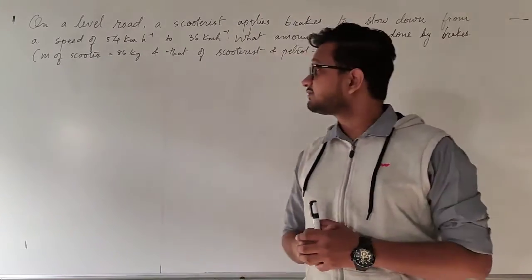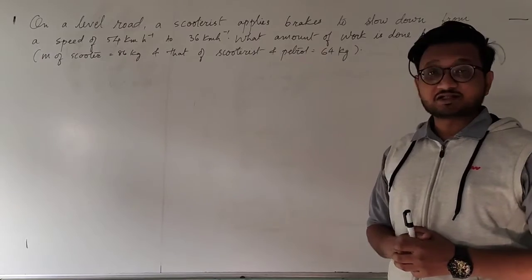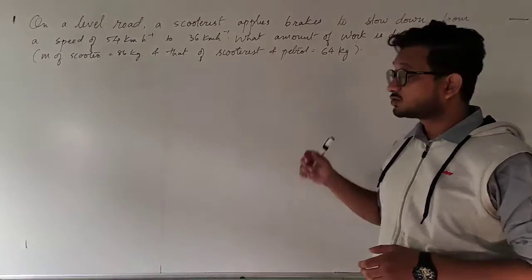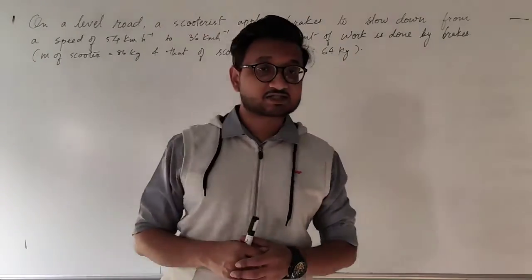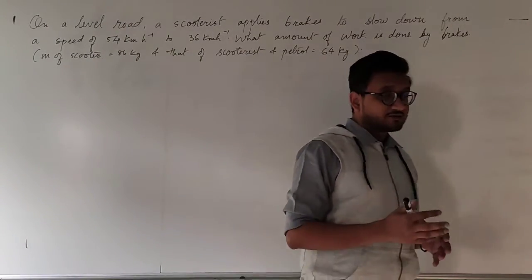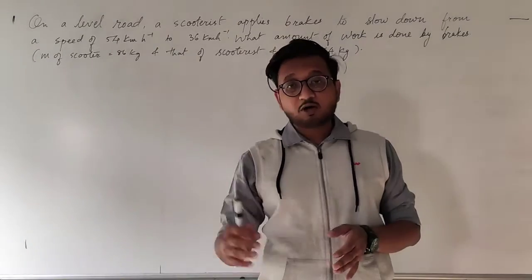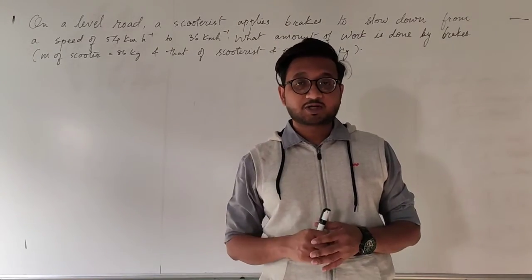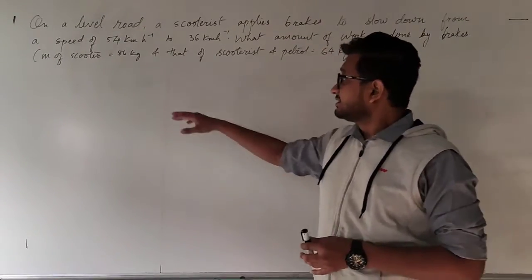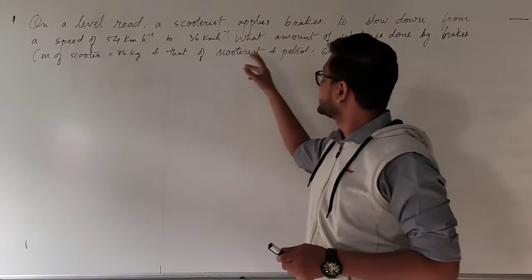We have to calculate the work done by the brakes, and the mass of the scooter is 86 kilograms, and that of the petrol is 64. So first of all, you need to know that whenever this vehicle is moving, all of the mass is considered together. It is moving as one single object. So 86 plus 64.